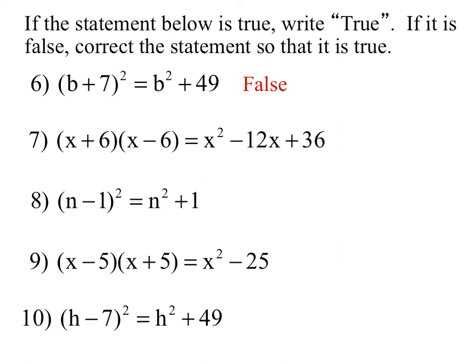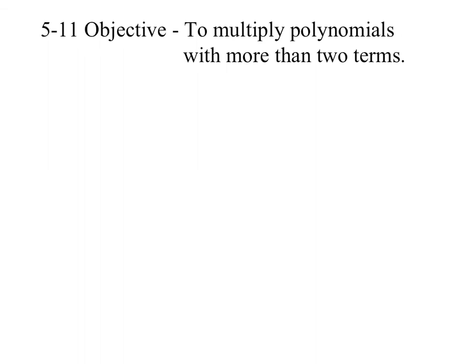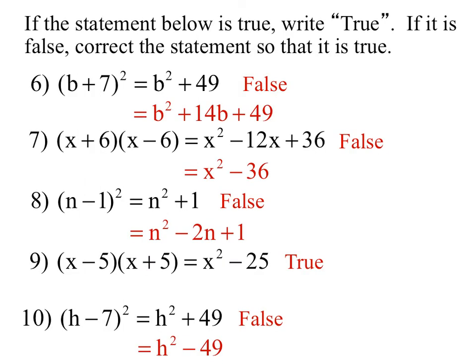We're missing that linear term. So that would be plus 14b in the middle. Since I have different signs in the same terms, it's a difference of squares. Remember, those middle terms negate each other. False. We're going to need that middle term, negative 2n. All right. Now, that was section 510.